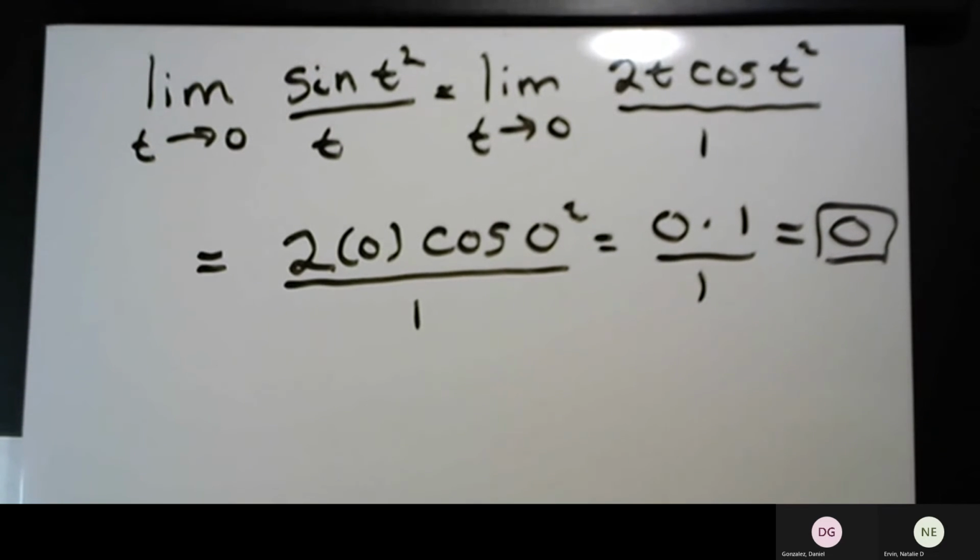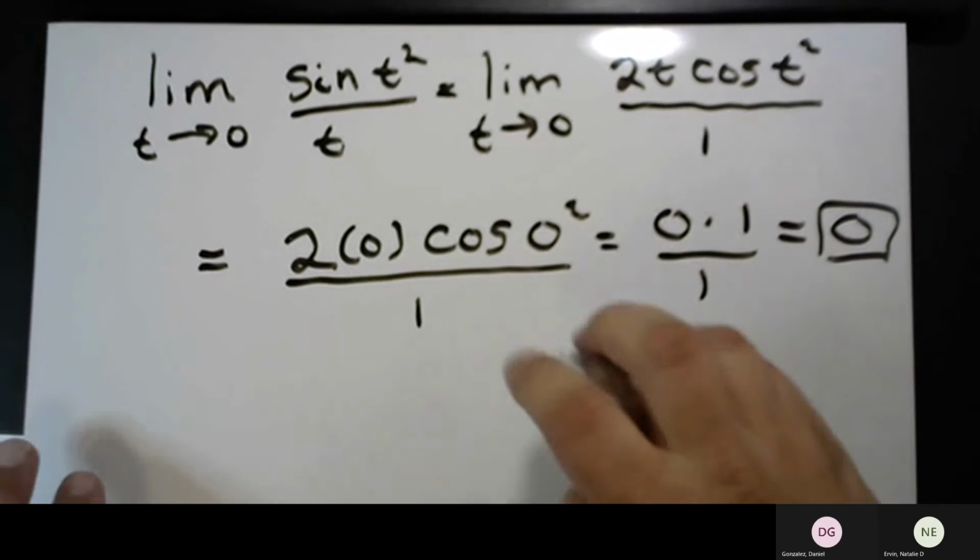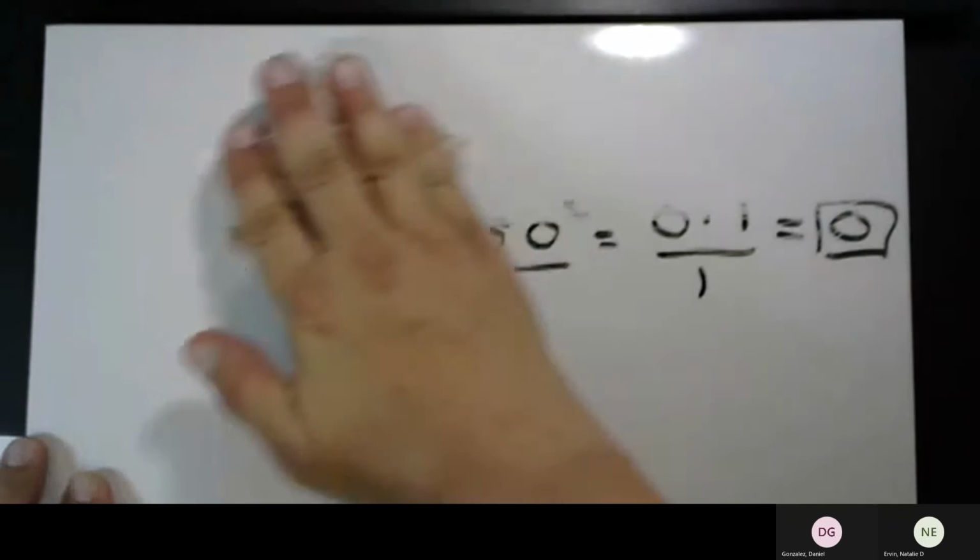All right. So another version of this helps us deal with situations like 0 over 0 if we try to take a limit.